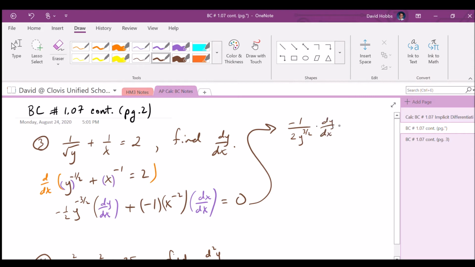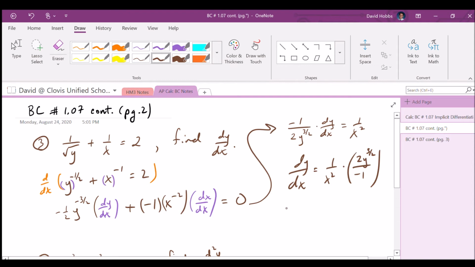Dy dx equals, I'm going to move the x stuff to the other side so it becomes positive, 1 over x squared. Okay, and so dy dx is 1 over x squared times 2y to the 3/2 over negative 1. So positive times negative, we know it's negative.